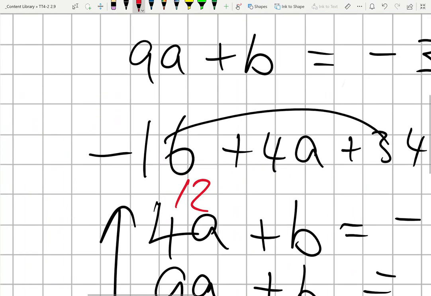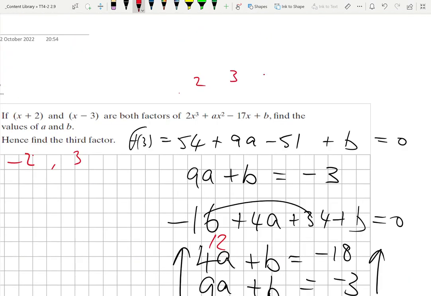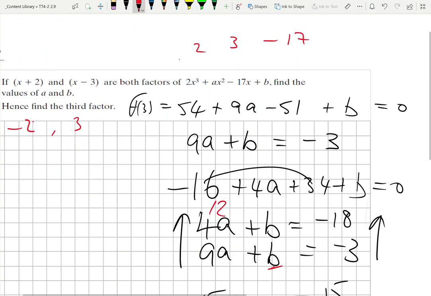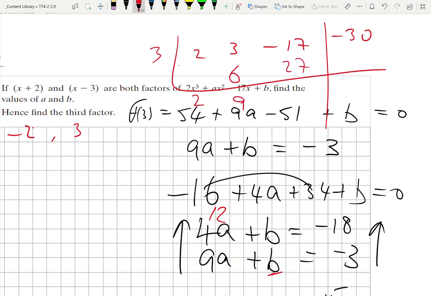Sorry, you get 3, negative 17, and then B was this number that I was surprised with, negative 30. It's probably all fine, but let's double check. We'll put 3 in because it's positive. Drop the 2, 6, 9, 27, 10, 30. Sure, everything is fine. Why would I ever doubt myself?